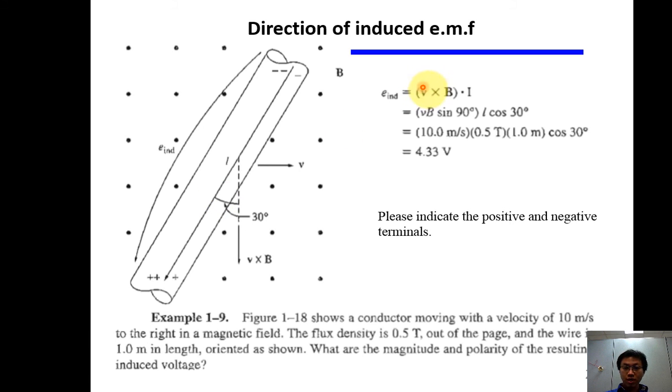Just now this was a cross product. Then we use the dot product, whereby we use L times cos of 30, so that we find the component of this length, to make sure it is all 90 degrees.